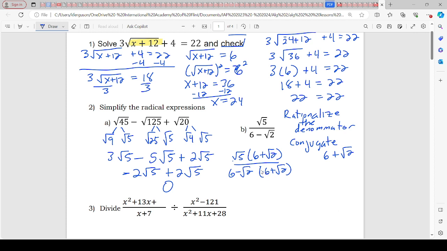When you have two binomials and you multiply them, you usually get three terms, right? The outer, the inner, and the middle. But when you have the same stuff that you're multiplying but different signs, that middle term cancels off. So all you got to do is worry about the first term times the first term, the last term times the last term. So all I got to do is worry about 6 times 6 and negative square root of 2 times positive square root of 2.